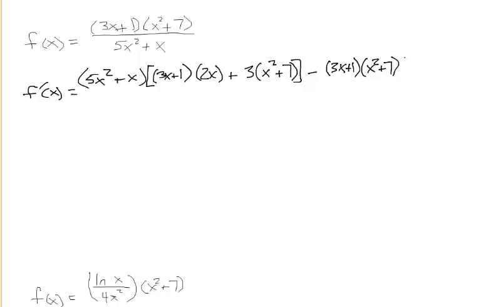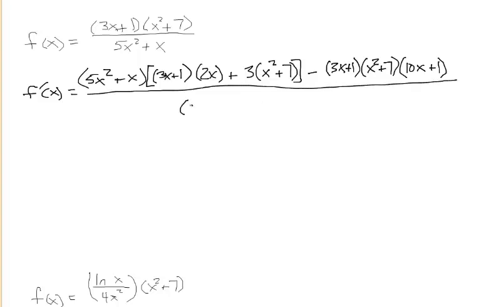So we're going to take the derivative of the denominator, and that's going to be 10x plus 1, all divided by the denominator squared. So we have 5x squared plus x all squared. And that's how we start with the quotient rule and we incorporate the product rule in.